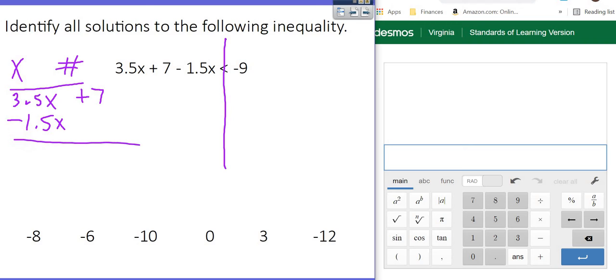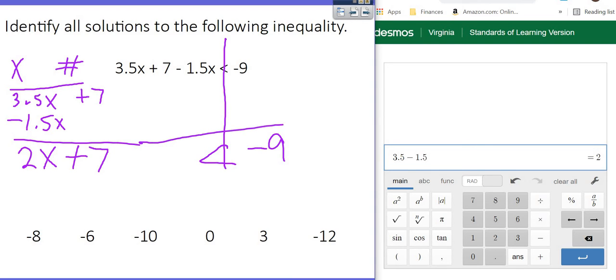So I'm going to use my calculator. I'm going to start with 3.5 minus 1.5, and that gives me 2x, and then plus 7, and then I'll have less than negative 9. I just brought those down, okay?